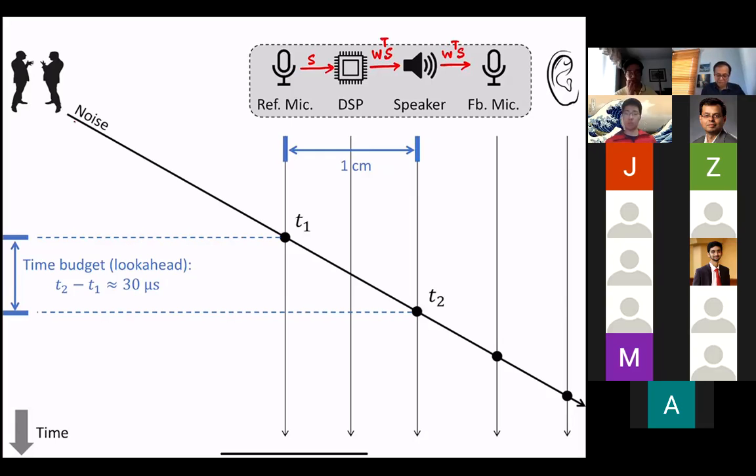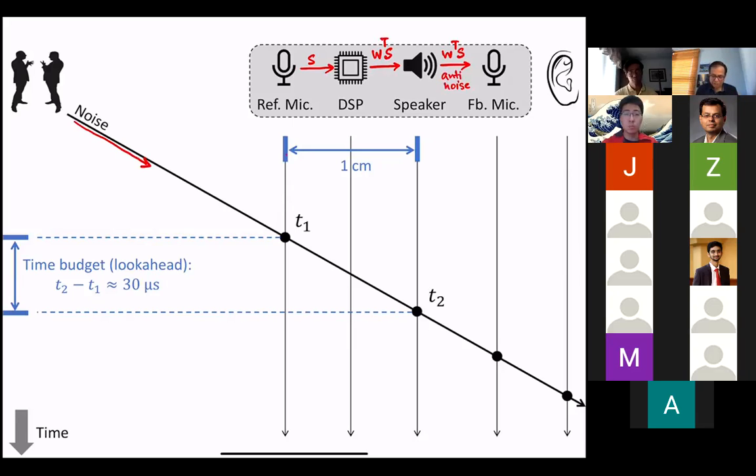Right? This is the actual sound that is coming in, flowing through your headphone and getting into the ear. Your reference microphone captured the sound, and now the DSP needs to compute the anti-noise. This is called the anti-noise. And the DSP needs to play the anti-noise in a way that it will cancel the actual noise.